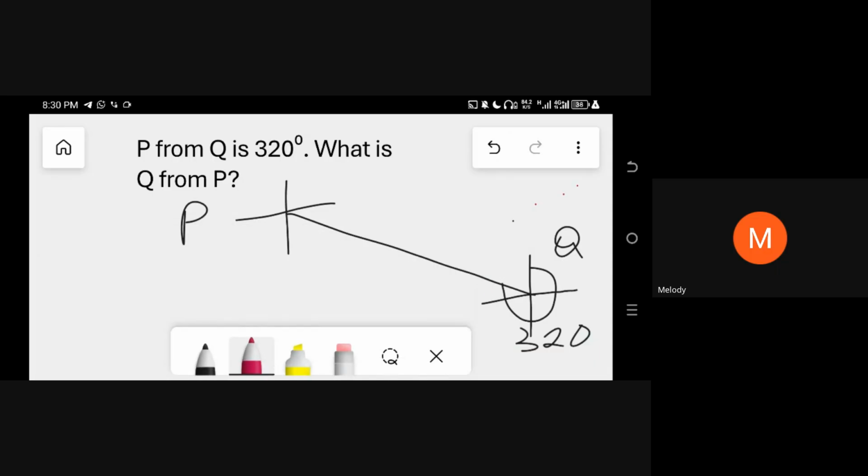So this angle marked with red should be 50, because if everything there is 320, I know that from the north to that west is 270, meaning an extra 50 was added. That's why it is 320. Okay, good. So if that is 50, then the alternate will be at the other side of P. That means this place is also 50.